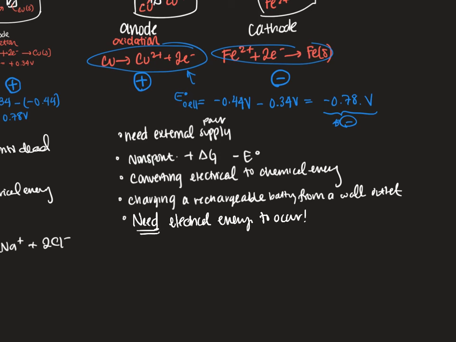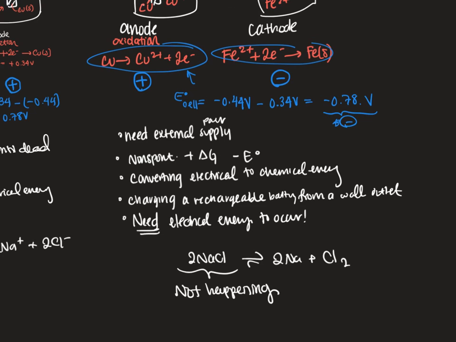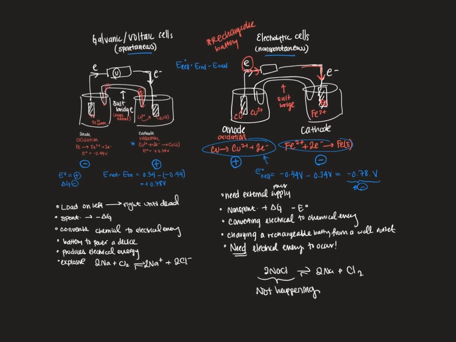It doesn't directly happen. So 2NaCl making 2Na plus Cl2, this does not readily happen. This is not happening, meaning it's non-spontaneous. All right, so that's the general idea.